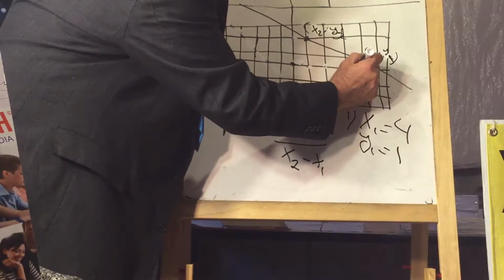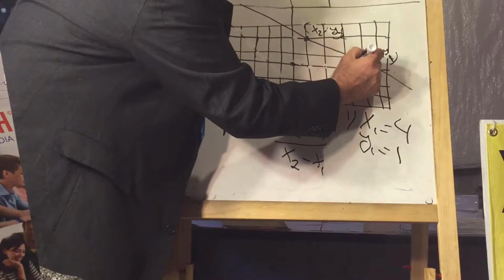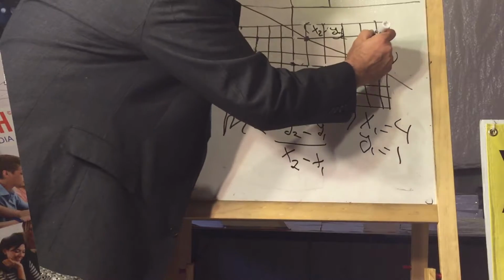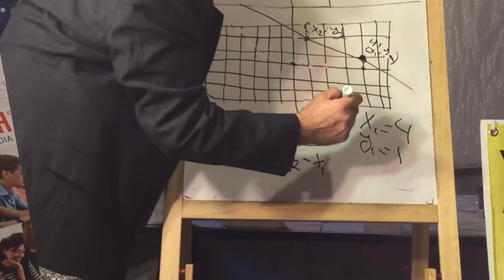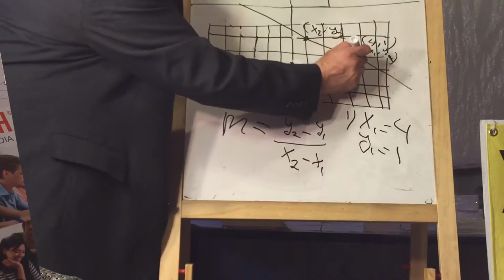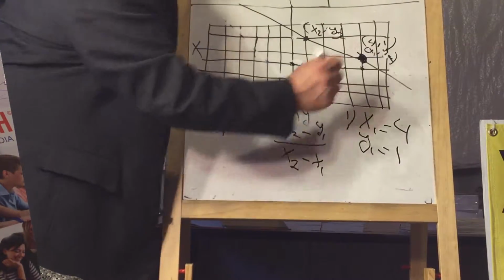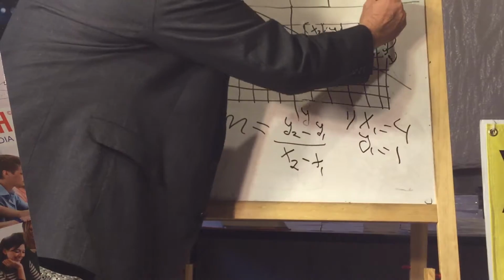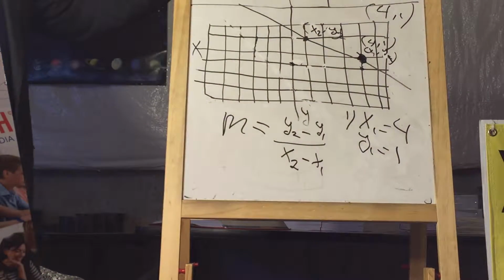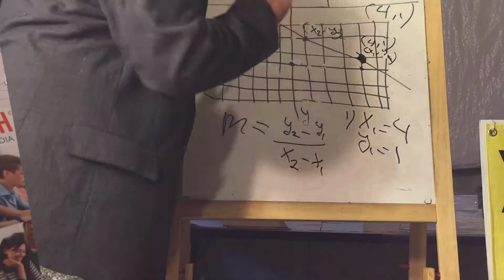So then you draw a line here, you draw a line here. So this point is 4, 1. That's the first point. The same thing over here.